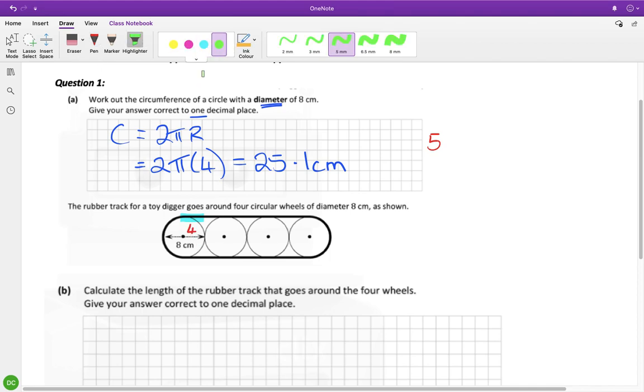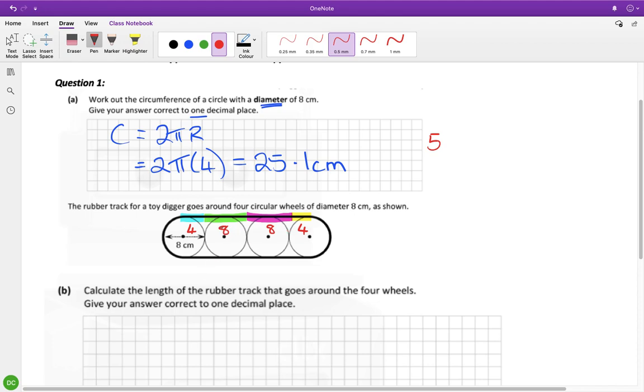If I change highlighter color, this next bit there is going to be 8. The next bit is going to be 8. And then that bit there is going to be 4. Okay. And that'll obviously be mirrored in the bottom.